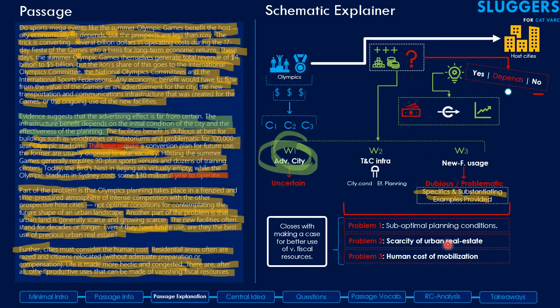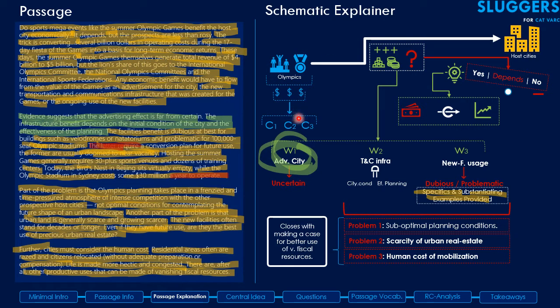And then considering the other problems, which are insurmountable, right? Problem number 2 and problem 3. He's essentially making a case that there can be better use of the already vanishing fiscal resources, the already vanishing government revenue that the government gets from taxes. So the government is better off putting that revenue to a different use than organizing the Olympics. That's what the author is trying to say here.